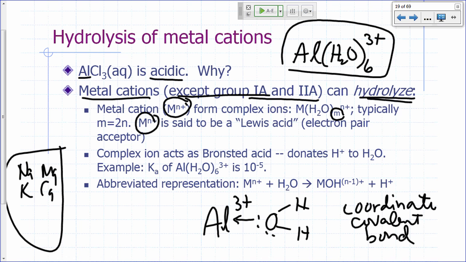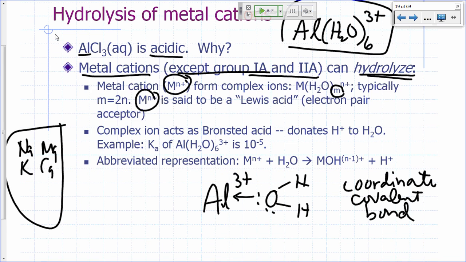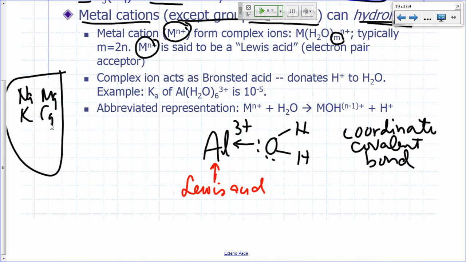In this sense, this is a more general definition for an acid and base. Aluminum is a Lewis acid. In the Lewis definition, anytime you have coordinate covalent bonding, the electron pair donor is called the base, and the electron pair acceptor is called the acid. So this Lewis acid right here is the electron pair acceptor.